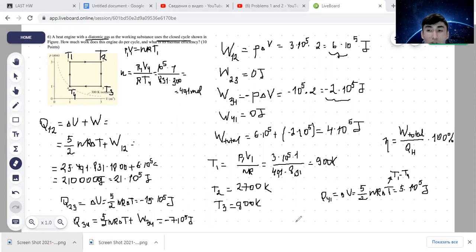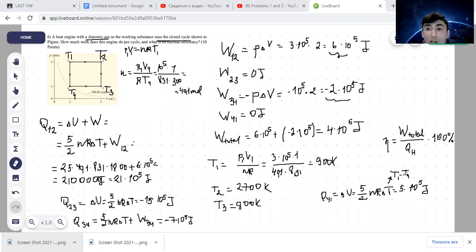So we found the heat energy in each of these processes: 1 and 2, 2 and 3, 3 and 4, and 4 and 1. And we saw that some energies are positive and some negative, right? We need to find Q heat, the heat gained from the hot reservoir. It means the heat energies that are positive numbers.